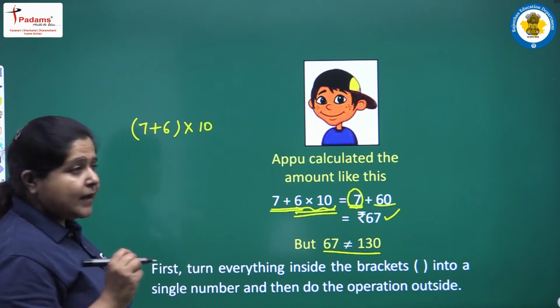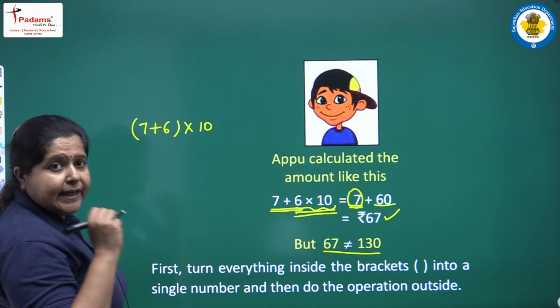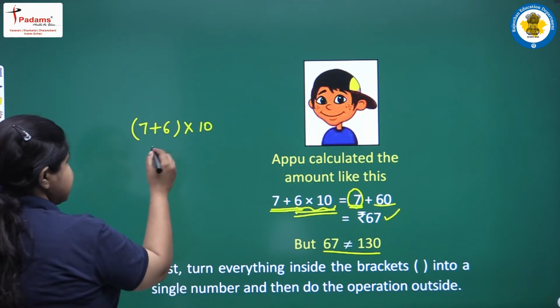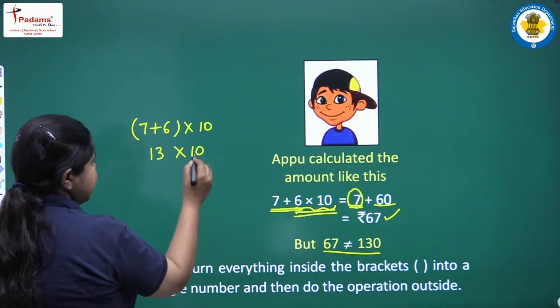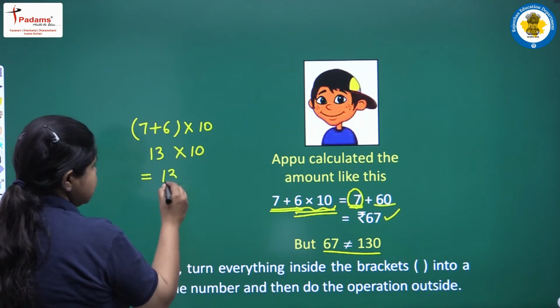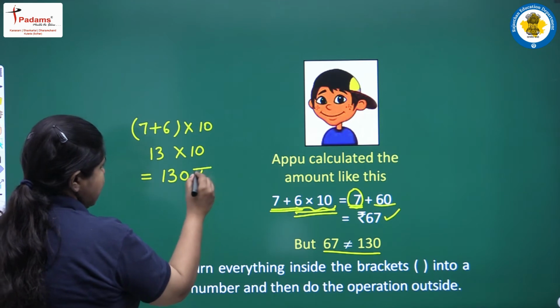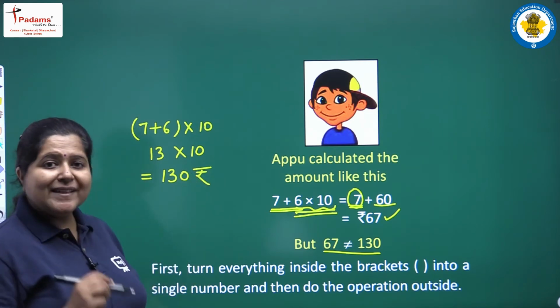This means that first this bracket has to be solved. 7 plus 6 would have given 13, and now multiplying by 10 gives you 130 rupees. Now the answer would have been correct.